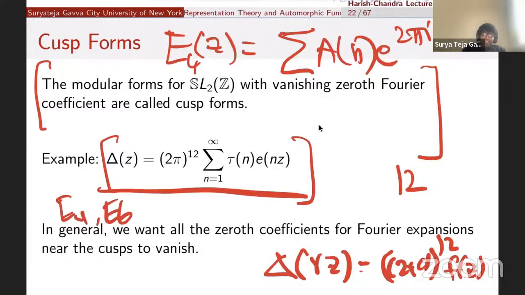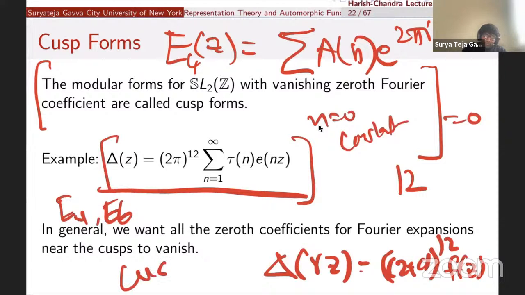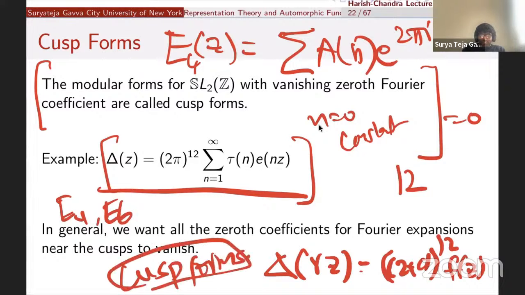You can see that there's no n equals 0 term: the zeroth Fourier coefficient is 0. Such forms are called cusp forms, and they're really important. We'll see that later, but for now, just note that the zeroth Fourier coefficient is 0.